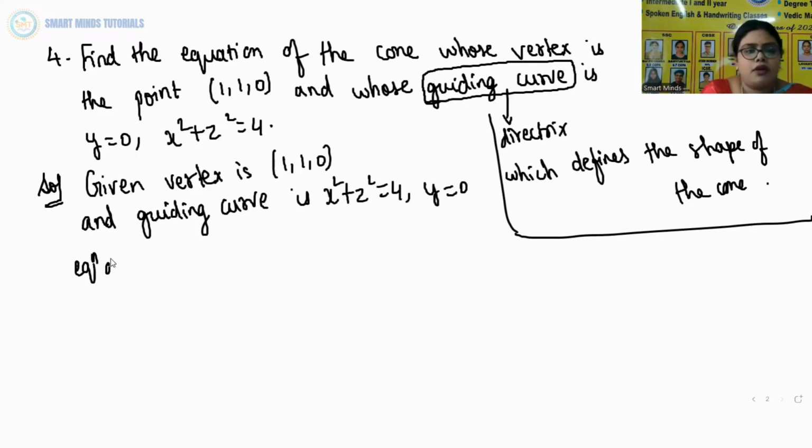Now how do you find the equation of a line through a given point? We have been using this formula in all the short answer questions.